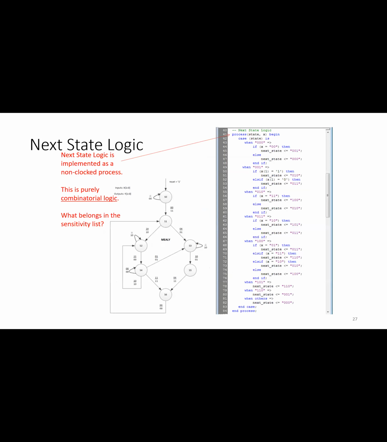We can see here, this is state and X. The same as the Moore machine, correct? Yes. The Moore machine has the same thing. It depends on where I am and what is the input. That will determine what will be my next state. So my next state, as in Moore machine, depends on the current state and the input.